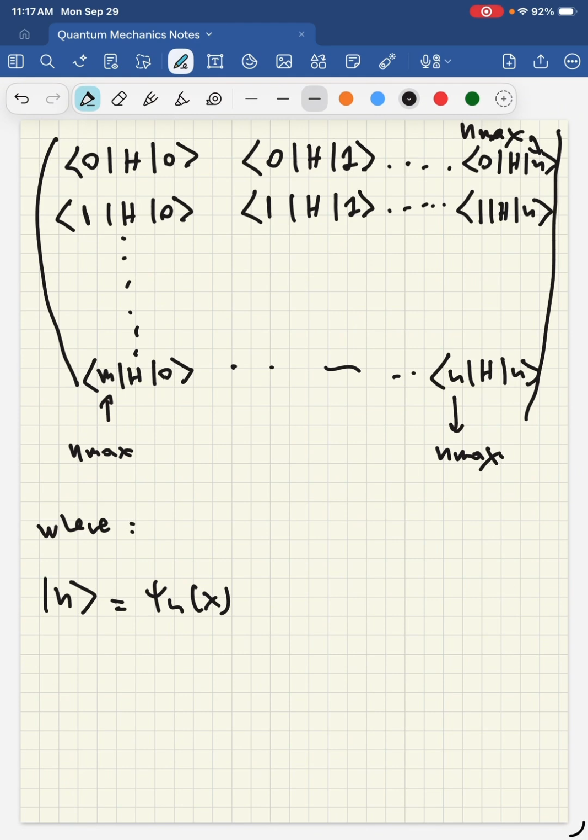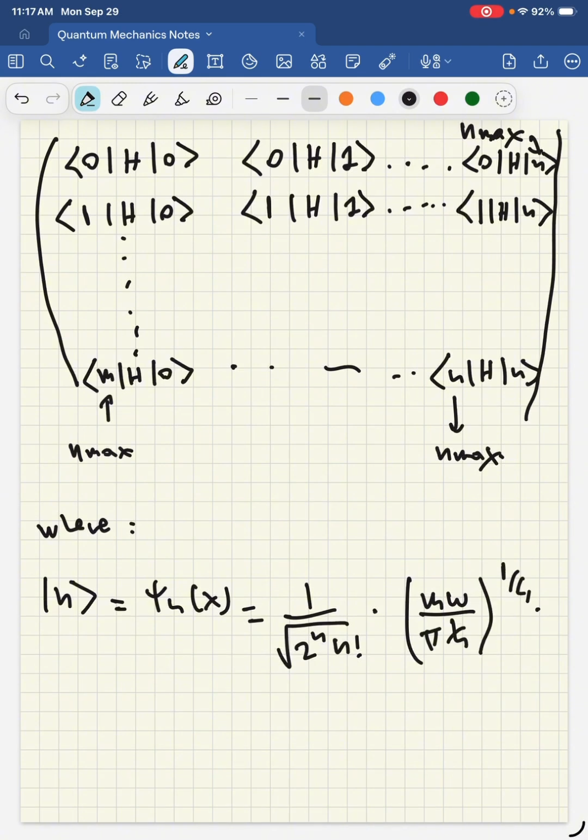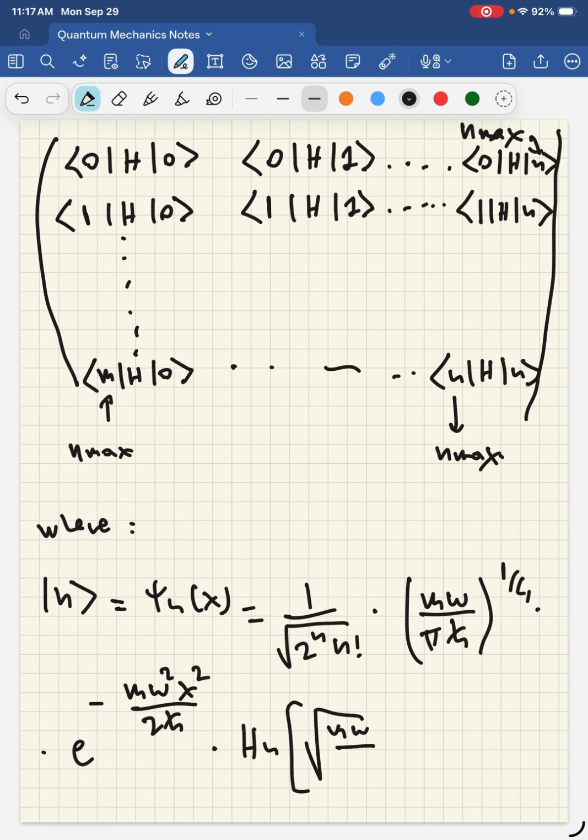And I'm gonna quote the wave functions that look like this: 1 over the square root of 2 to the n factorial times m omega over pi h bar to the 1/4 times e to the minus m omega x squared over 2h bar times Hn of the square root of m omega over h bar x, where these are called the Hermite polynomials.